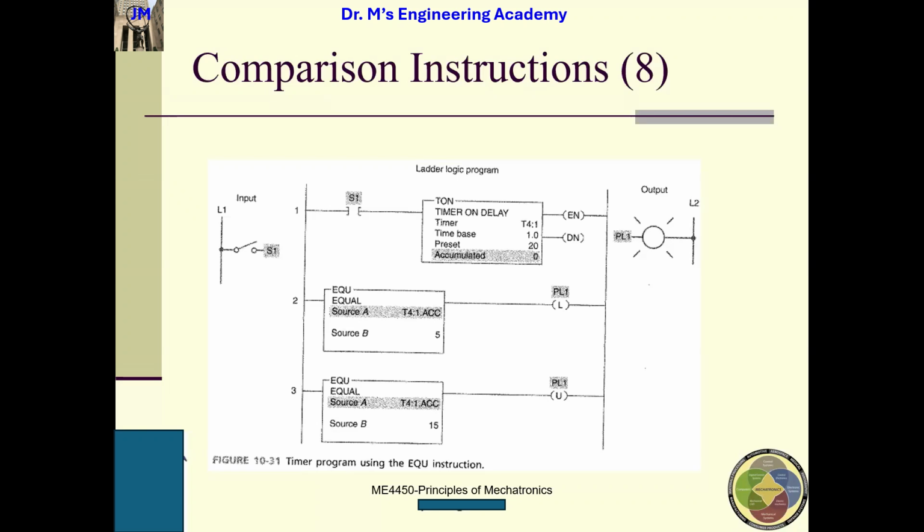After 20 seconds, this is going to do something. Then equal: if ACC equals 5, I'm going to latch pilot light 1. Then if the ACC value equals 15, I'm going to unlatch it. That means pilot light 1 can only be turned on for 10 seconds.